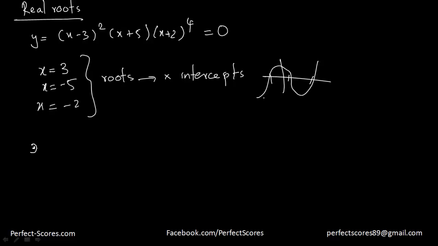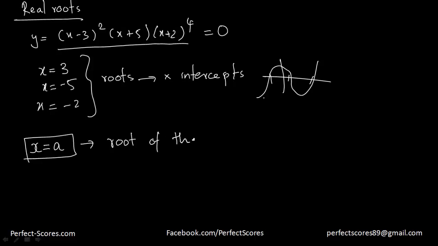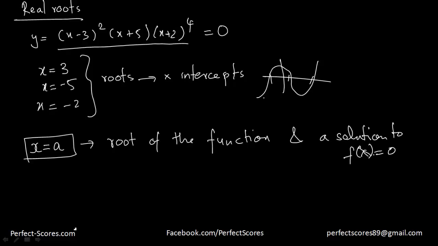So when I say x is equal to a satisfies the polynomial, that means it equates to 0, that means x is equal to a is the root of the function, and it's a solution to f of x equal to 0.